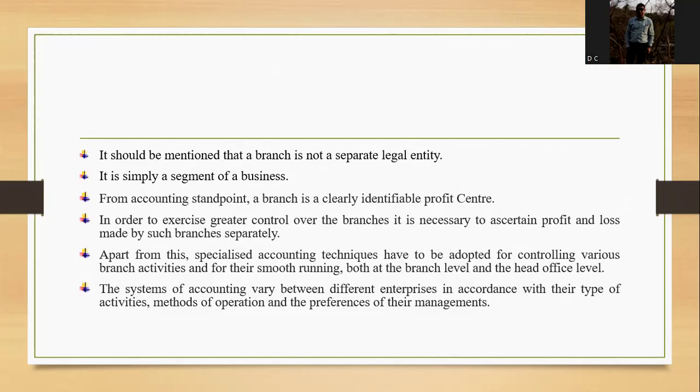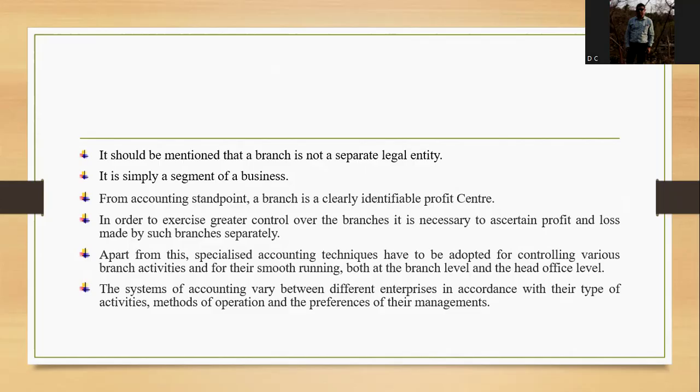In order to exercise greater control over the branches, it is necessary to ascertain the profit and loss made by such branches separately. Suppose a head office is situated at Mumbai. Suppose it has branches all over the country, like Gauhati, Dibrugarh, Tinsukia, Kolkata, Delhi, etc. That means we have to prepare a branch account in the books of the head office to know the ultimate profit or loss made by each branch separately.